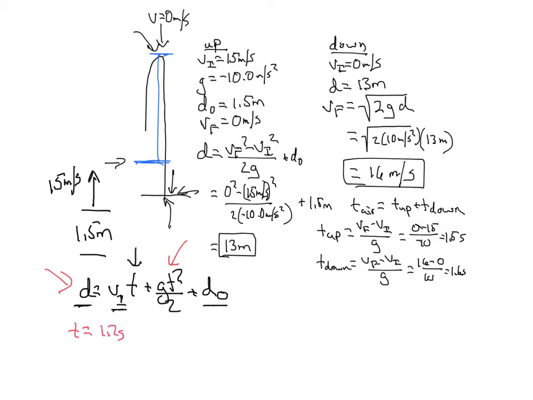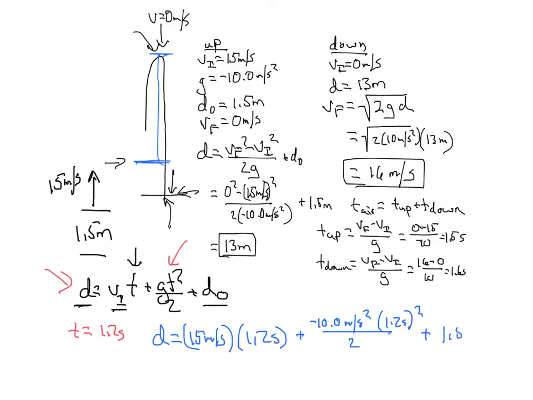So all we really have to do is plug in all our values for the entire thing and solve for D. So D is our initial velocity, which is 15 meters per second, times the time of 1.2 seconds, plus g, which is negative 10 meters per second squared, times 1.2 seconds squared, plus our height off the ground, which is 1.5 meters.